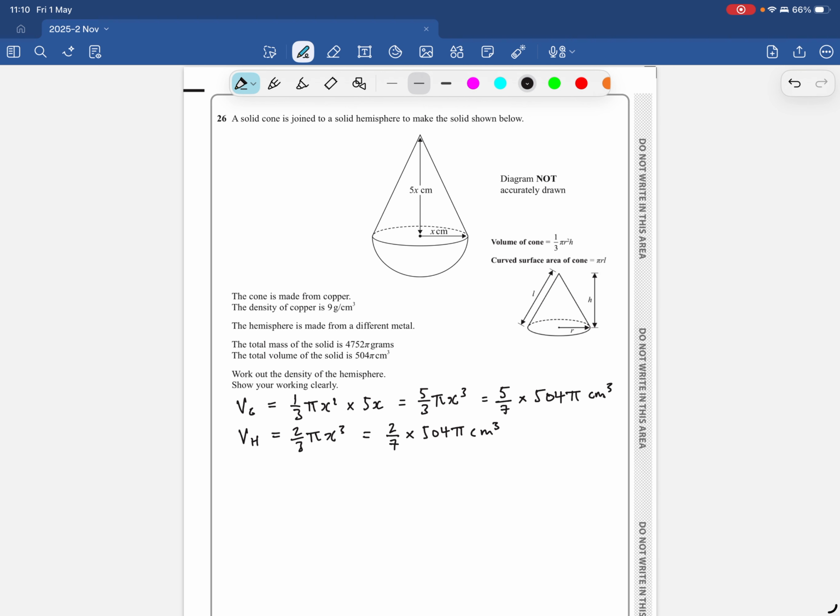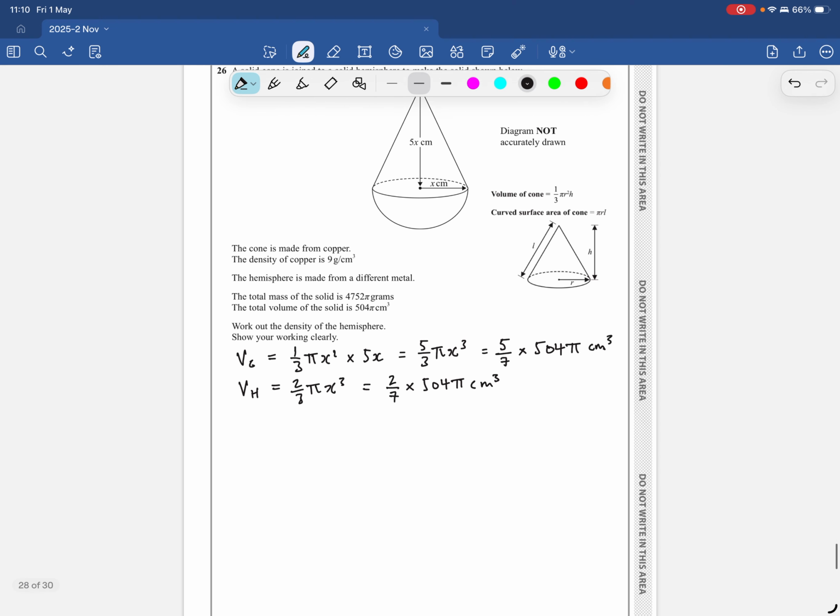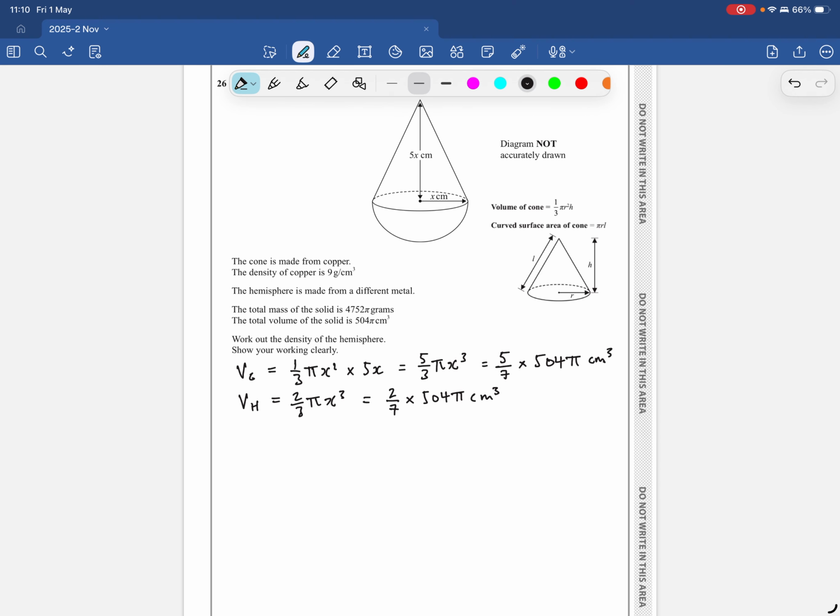And there's enough working there, even though that's very tersely done, and I've done it because there's actually more space than I thought.